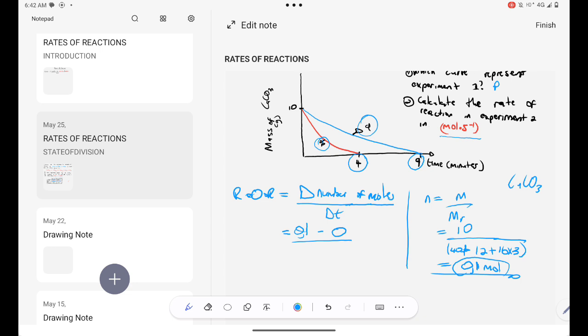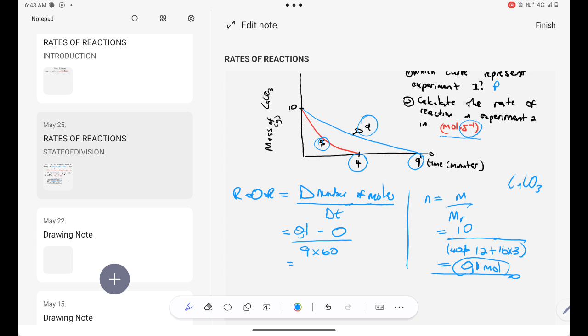So I didn't have any amount left. And then obviously the amount of time it took was 9 minutes. So I'm supposed to change the 9 minutes to seconds, since I'm supposed to find the rate of reaction in moles per second. I'm just going to say 9 multiplied by 60, and then I'll simply get 0.1 minus 0 all over 9 times 60.